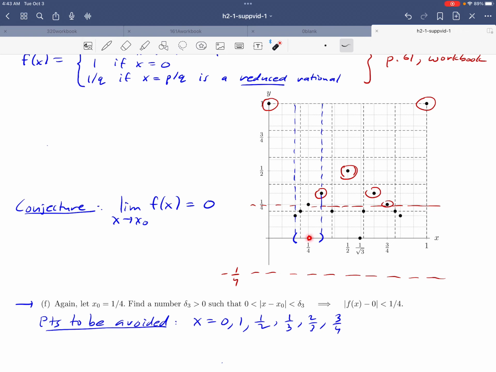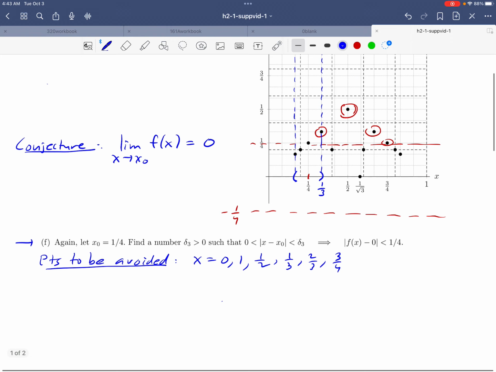Delta would be the distance from the 1/4 that we started with over to the edge of our neighborhood, so this horizontal distance that I'm highlighting. We'll remind ourselves that the point at the right-hand side is 1/3. So that distance is the distance between 1/4 and 1/3. If we can do that calculation, we have found our delta 3.